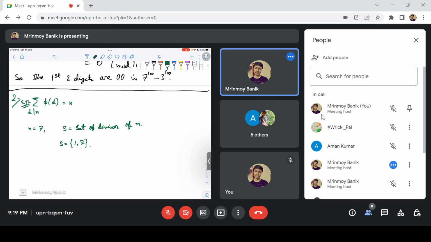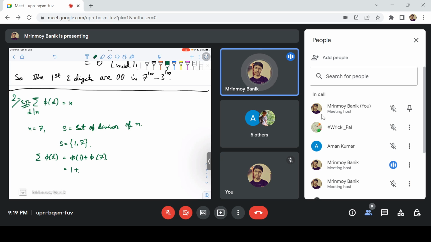And the sum over phi d is phi 1 plus phi 7. So what is phi 1? 1 has a single divisor, that is 1 itself, so phi 1 is 1.